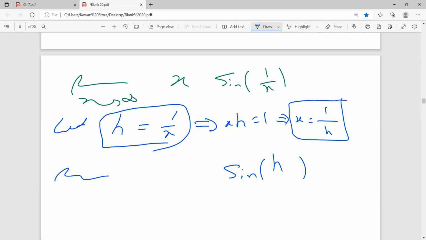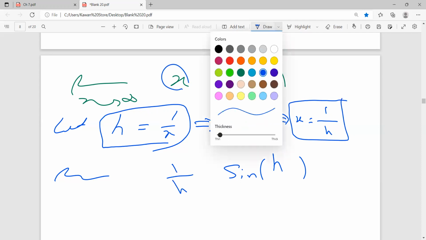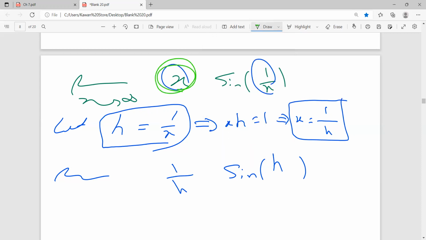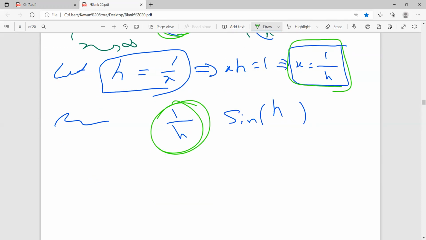My plan is to change all x to h. So if I have 1 over x, it is equal to h. If I have x, it is equal to 1 over h. Understood? Any question? So we change that green zone to that one. Clear? Good.